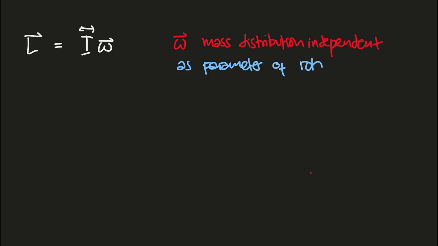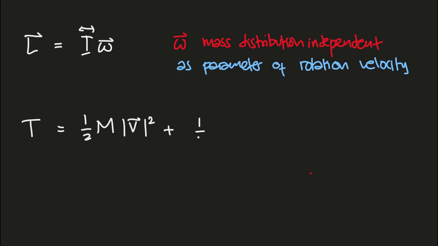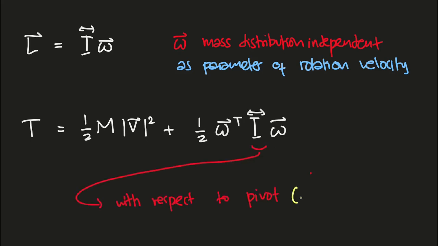For closing, this leads us to a new definition of angular momentum: the L vector equals I double rho multiplied by the omega vector, where the omega vector is independent of mass distribution as the parameter of rotation velocity. And for the total kinetic energy, we can rewrite the earlier result as this tensor multiplication with respect to the pivot, not necessarily the central mass.